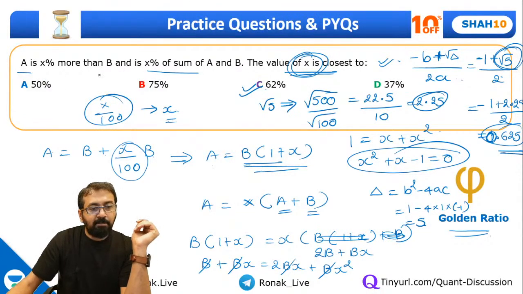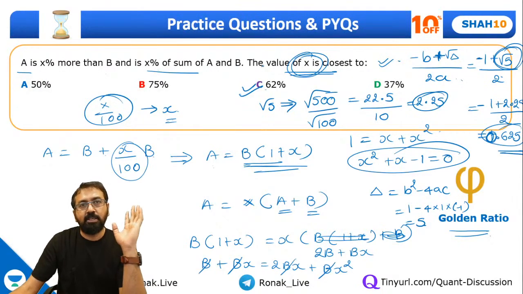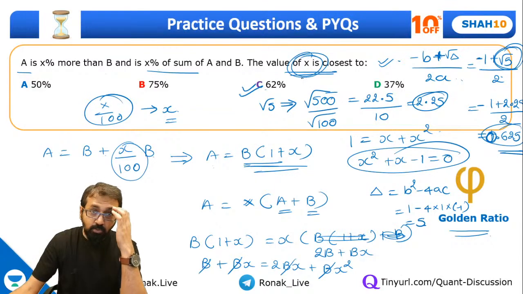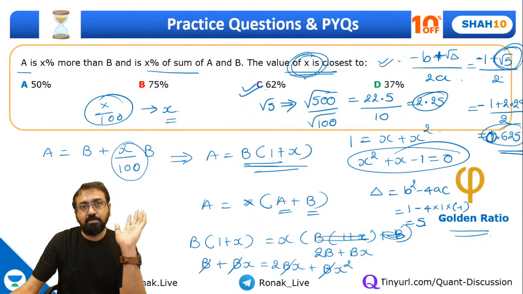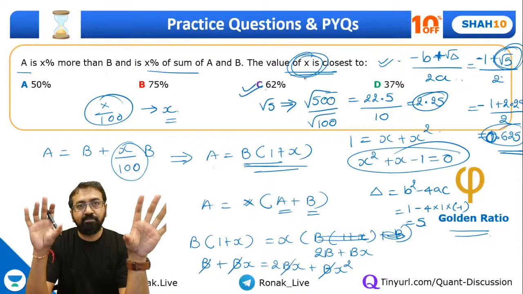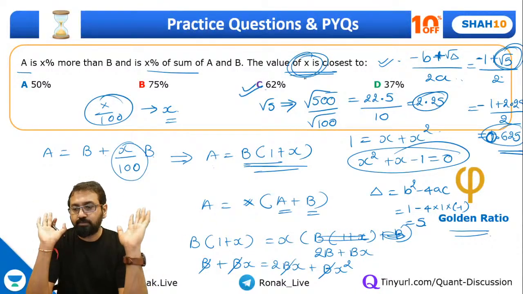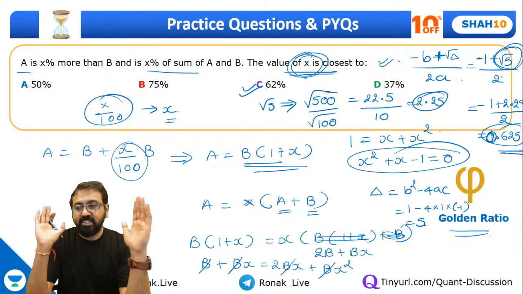A as a percentage of B should be equal to A as a percentage of A plus B. Are we clear? A upon B should be equal to A upon A plus B. If both of these are the same, then that ratio is called the golden ratio. Correct? Yes, did you understand this question?